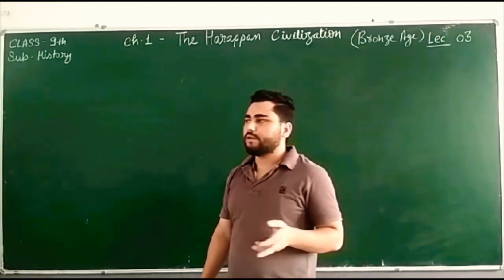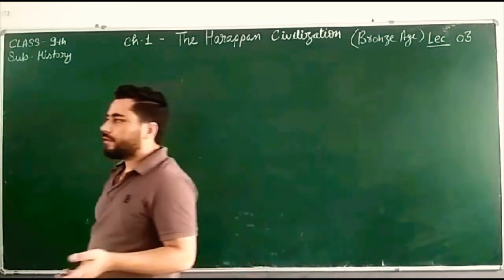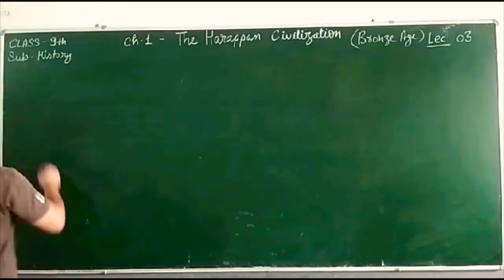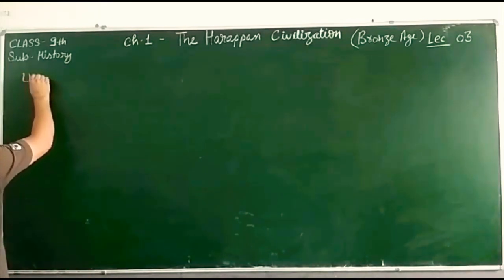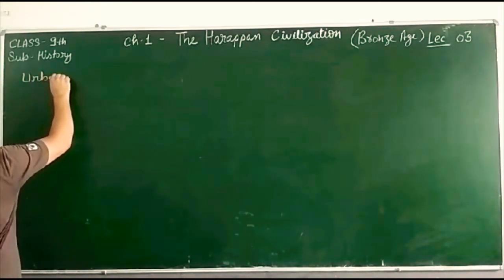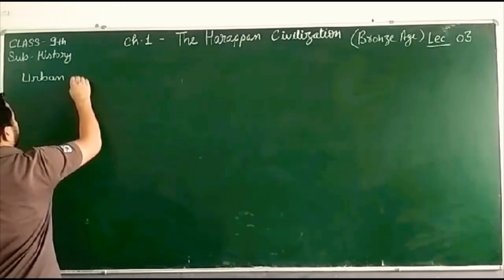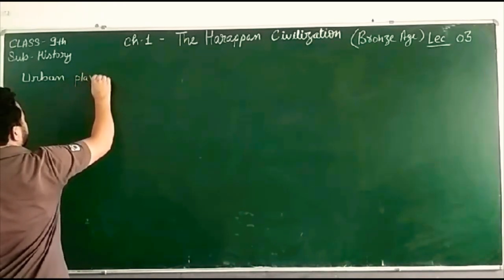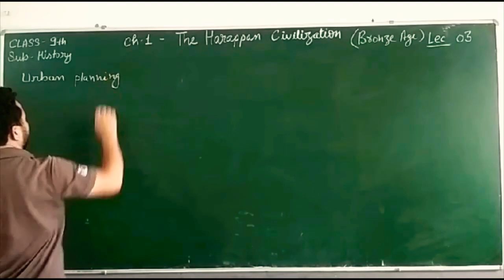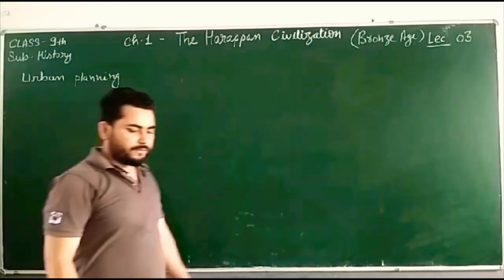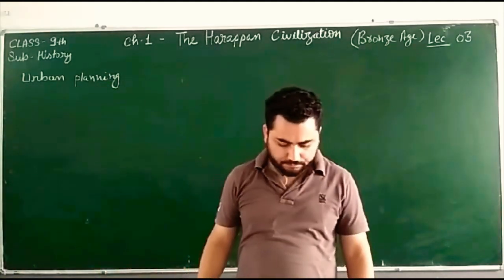Okay, these were not created just like that. These were well planned. So we are going to study how these cities were planned and why this civilization is called an urban civilization. So urban planning, right? Features of urban planning.